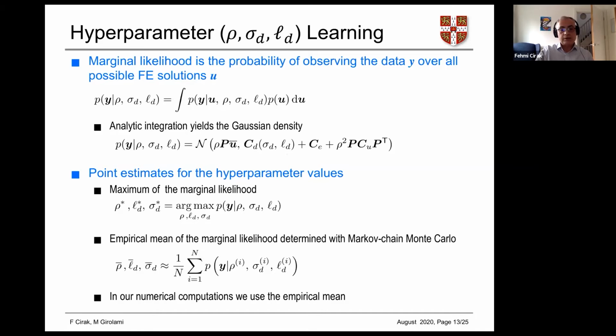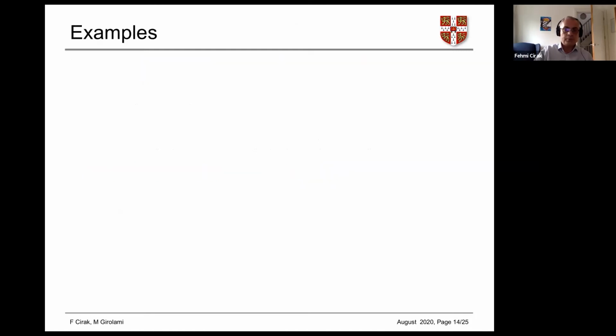So we can obtain these parameters, rho, sigma, and L, by maximizing the marginal likelihood, or we can sample the marginal likelihood with Markov chain Monte Carlo and take the empirical mean. In the examples I will show now, I will use this second approach. So we sample the marginal likelihood with Markov chain Monte Carlo and compute the empirical mean from the samples.